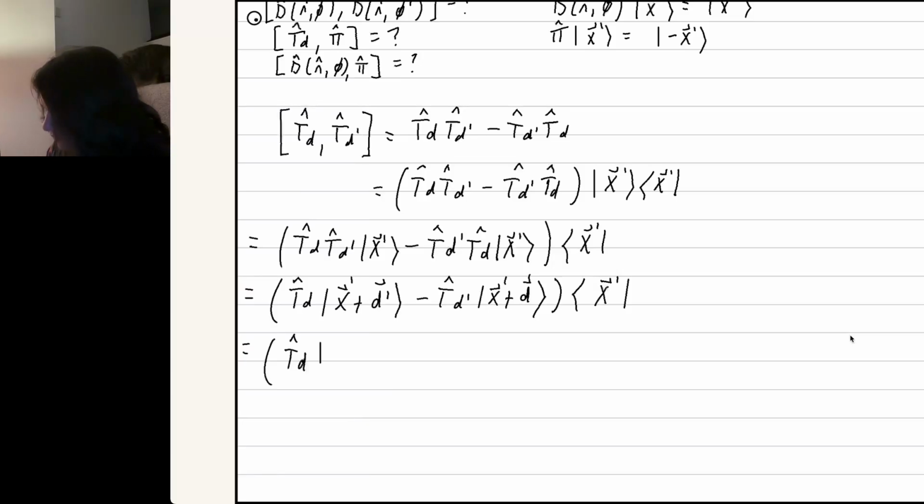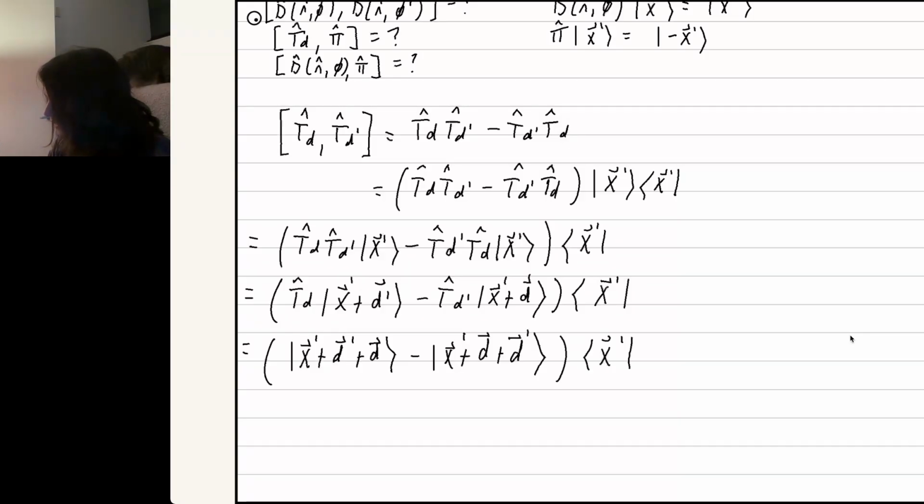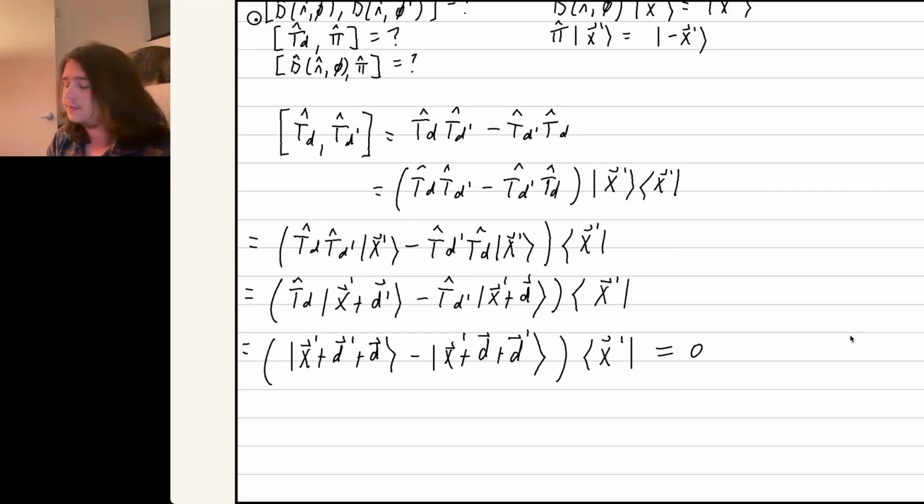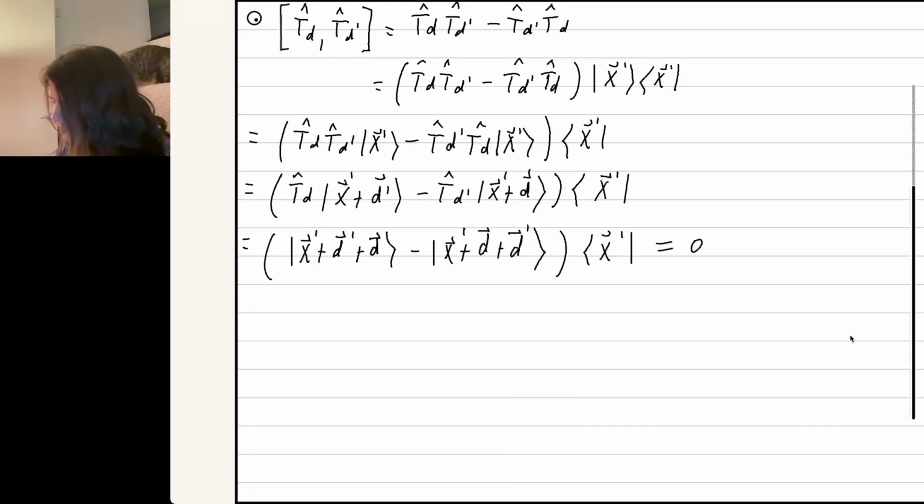It's going to move it forward by a vector D this time, so D prime plus D. And then this one is going to move it forward by a displacement vector D prime, D plus D prime, which these quantum states do actually match. So this is 0. So two translations commute with each other. Makes sense.